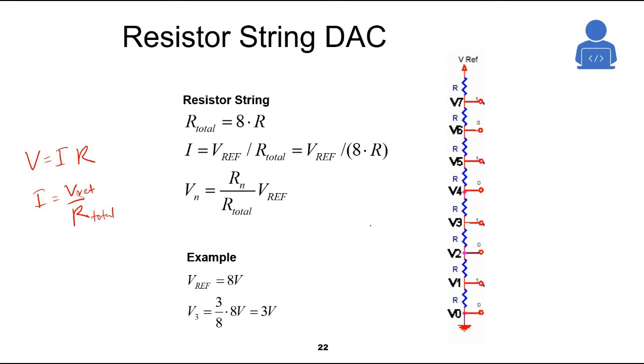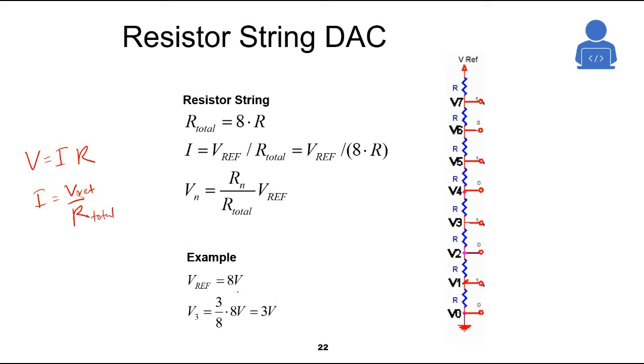Then to calculate the voltage at a node, for example here, V1 equals R1, or just Rn, divided by R total multiplied by V reference.